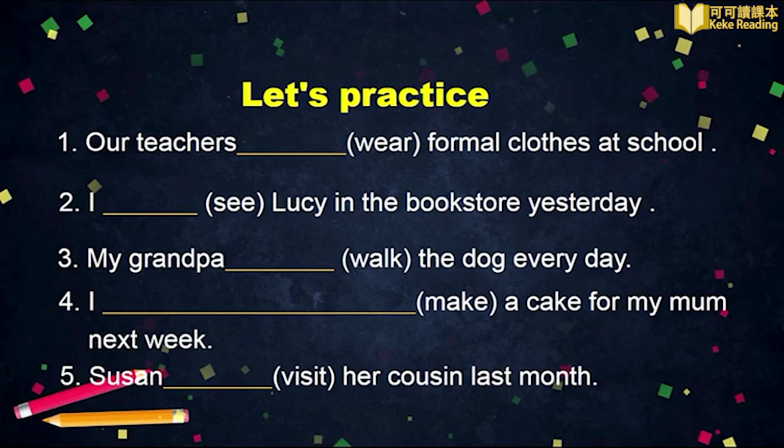Our teachers something formal clothes at school. 这句话是陈述一个事实，也表示通常性，是一般现在时。主语 our teachers 我们的老师们不是第三人称单数，所以直接填写 wear 就可以了。Our teachers wear formal clothes at school.